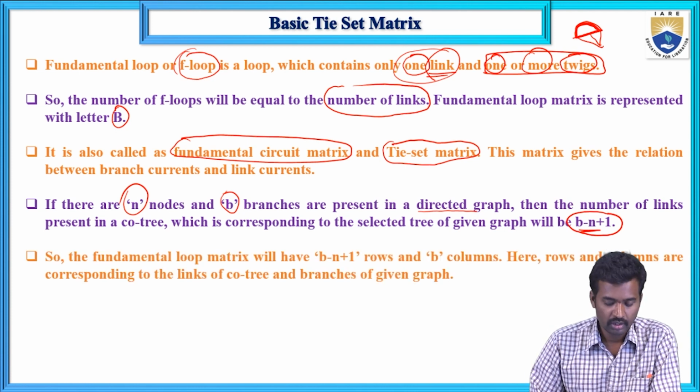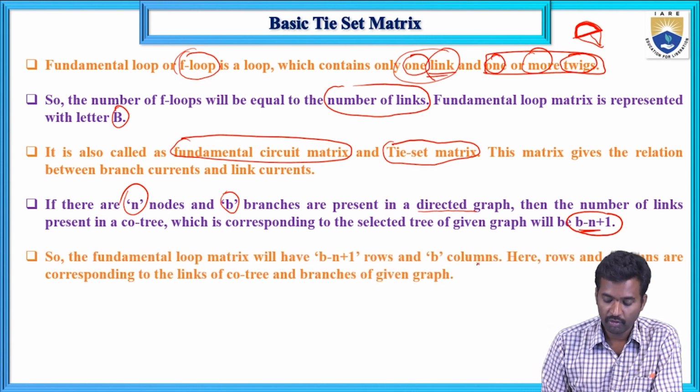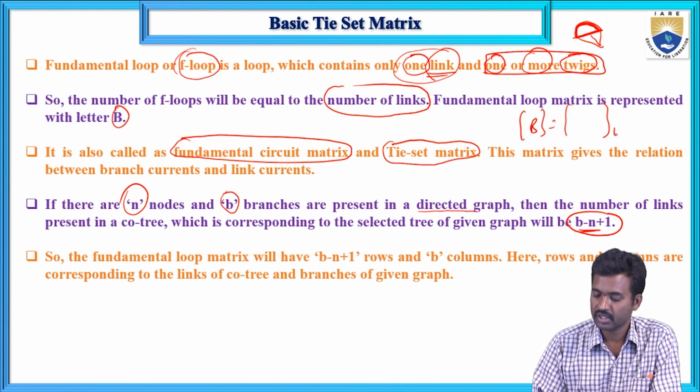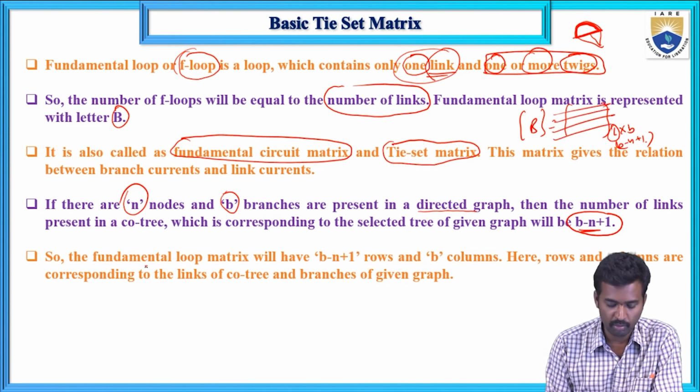Now the order of the matrix B equals number of links cross number of branches. Here links equal B minus N plus 1, so the number of rows is B minus N plus 1.